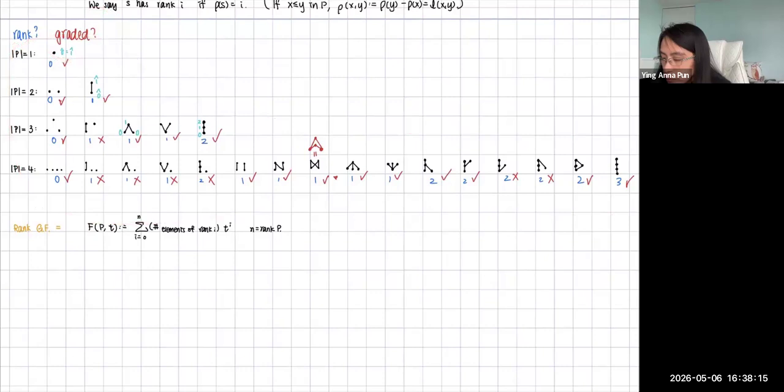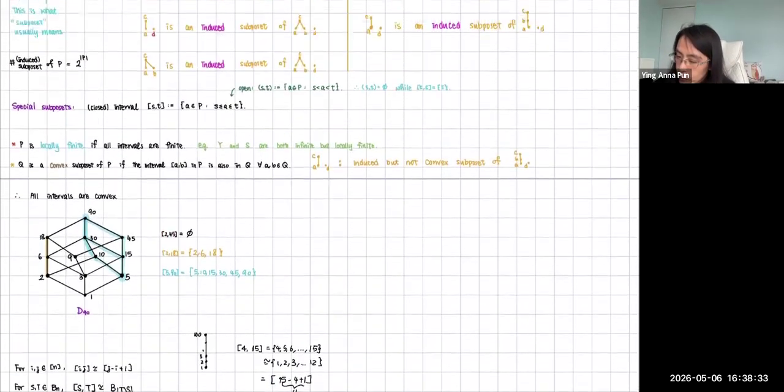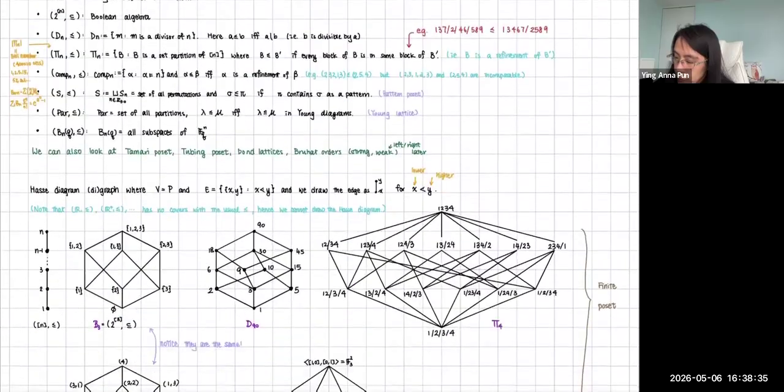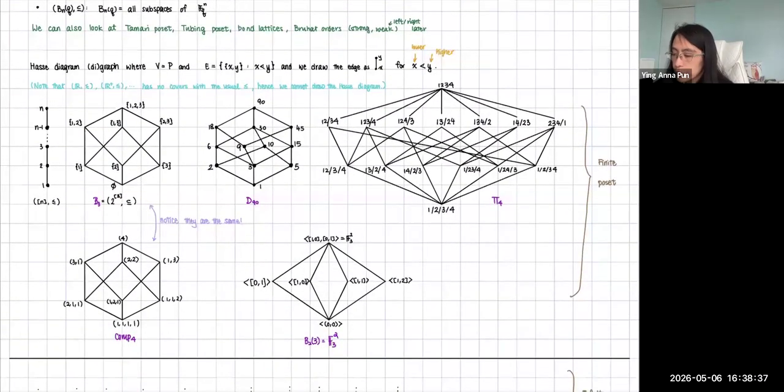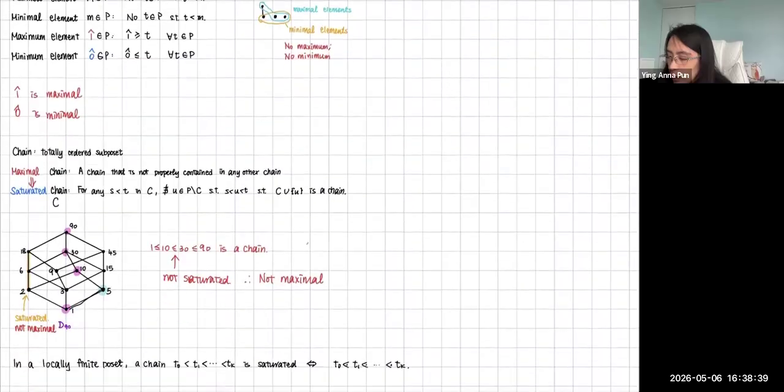You can only do it if graded, because I have to say the number of elements of rank i. So if you are graded, you will have a rank generating function. And I'm going to do that for all these examples that we have.